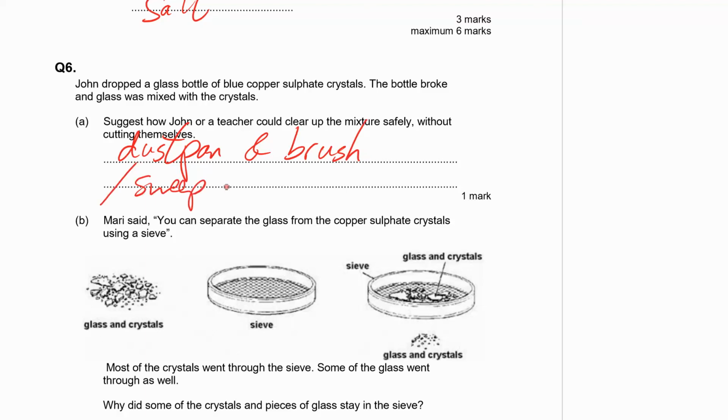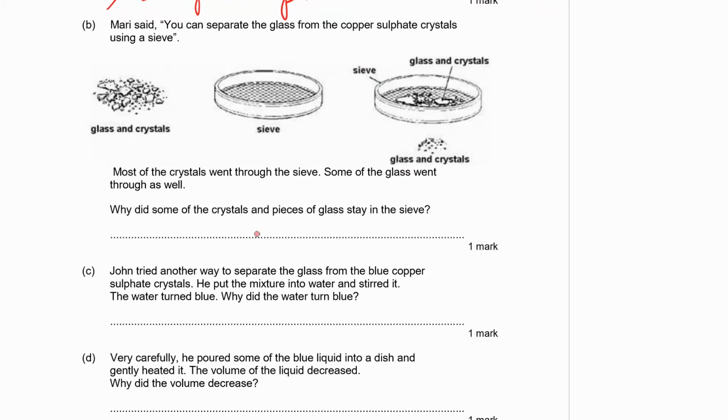You could have put, obviously try not to pick it up with your hands. You're going to pick it up with a dustpan and brush. Why did some crystals and pieces of glass stay in the sieve? Really simply, they were bigger than the holes of the sieve.